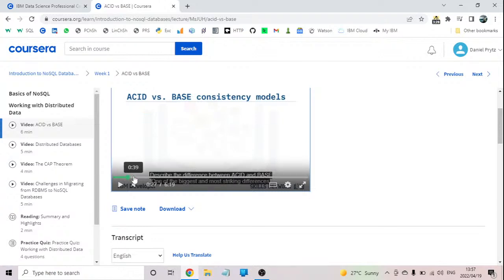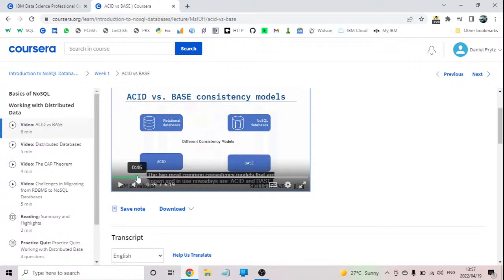Okay, this is one of the biggest, most striking differences between the most common consistency models, that is ACID and BASE. Define what ACID and BASE stand for. Relational databases use ACID models and NoSQL databases use the BASE model. But that's not what it stands for.